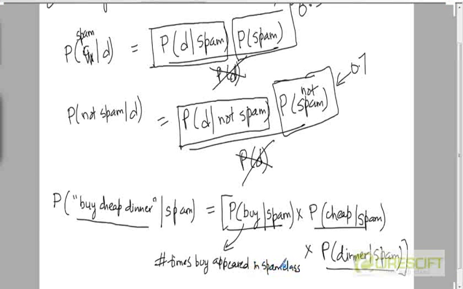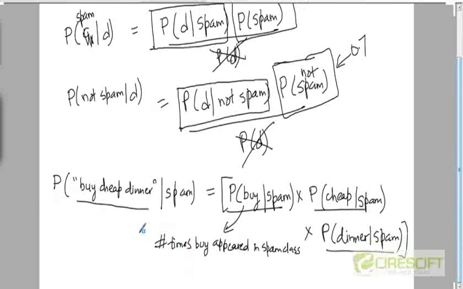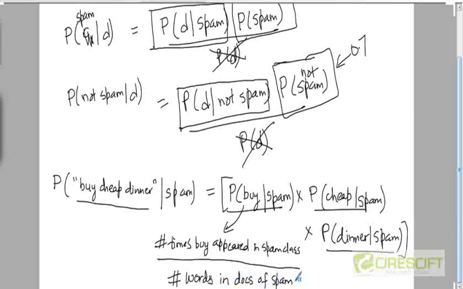And even multiple occurrences of the word in the same document will be counted multiple times. They won't be counted as a single occurrence. Divided by the total number of words in documents of the spam class.